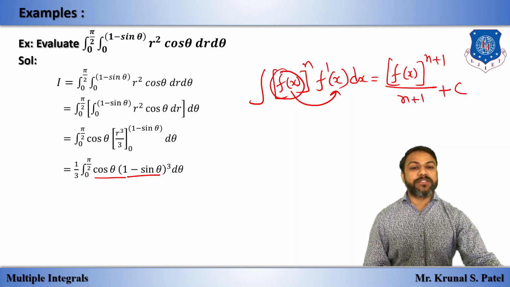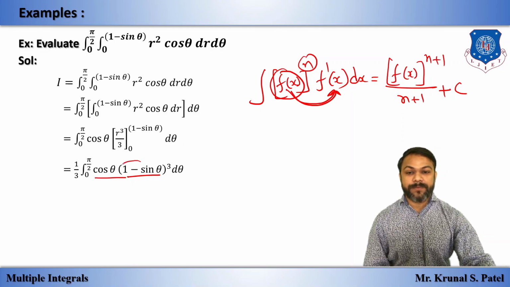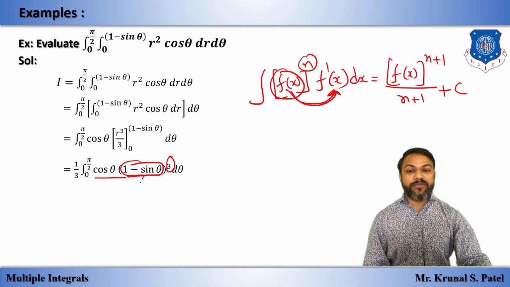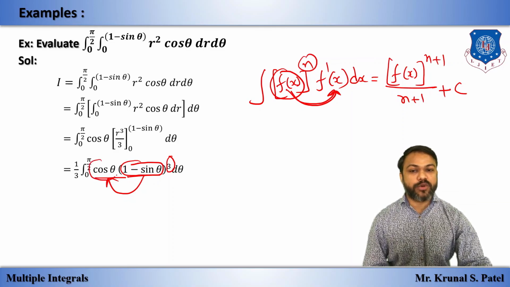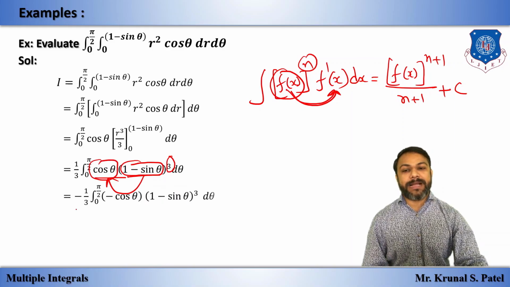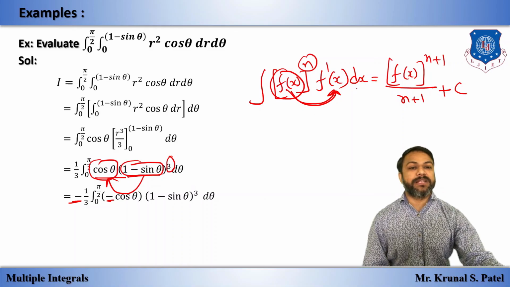We have this function raised to n, that means 3, and the differentiation of 1 is 0 and of sin is cos theta, but the minus sign is there, so we need minus cos theta. So multiply with minus outside and minus here.